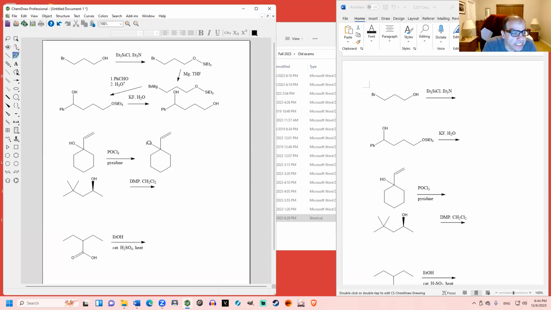And this will do a dehydration reaction. So you take away the OH and an adjacent H, and you get a carbon-carbon double bond. So that's the H and the OH that you take away in order to make a double bond.